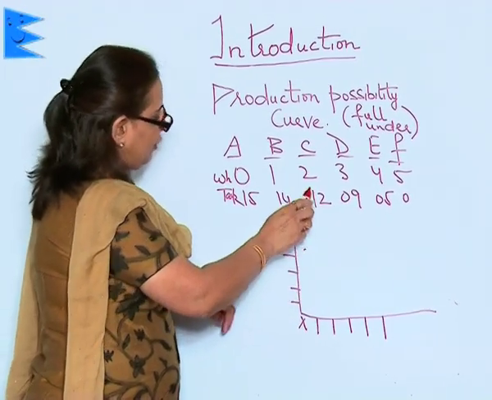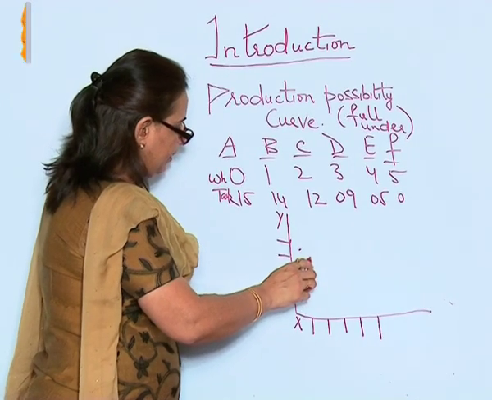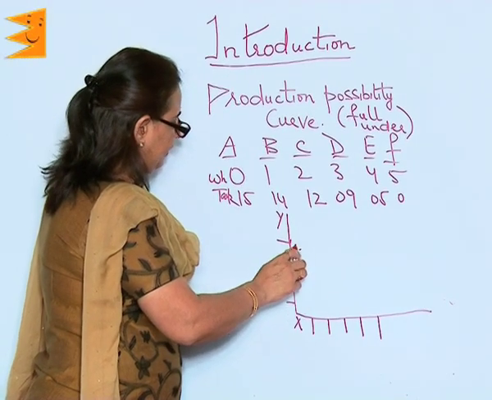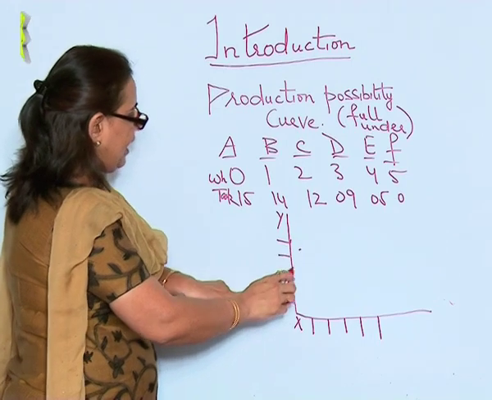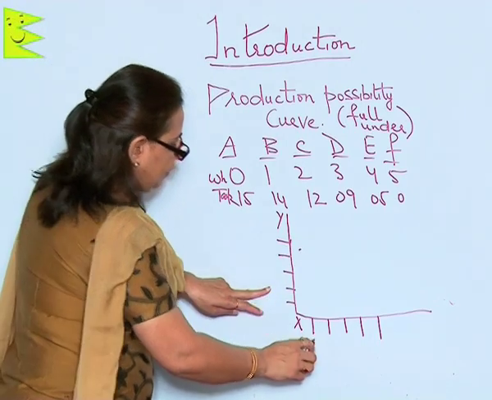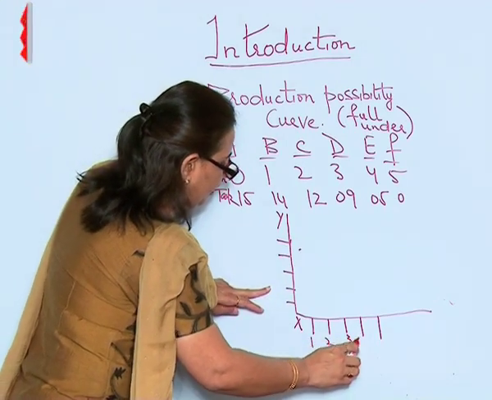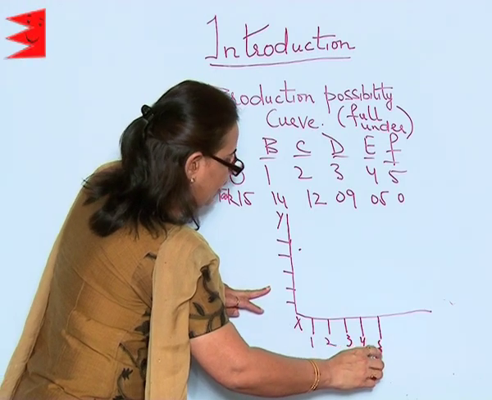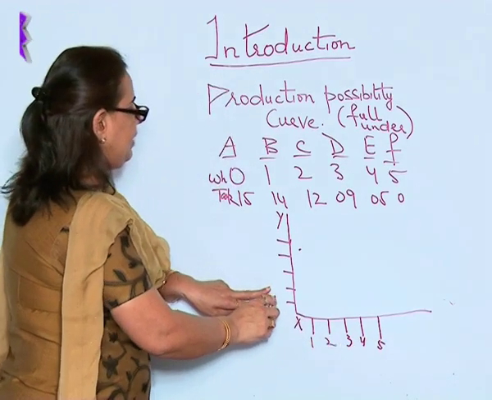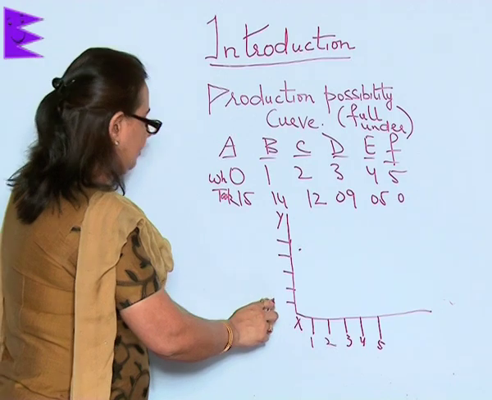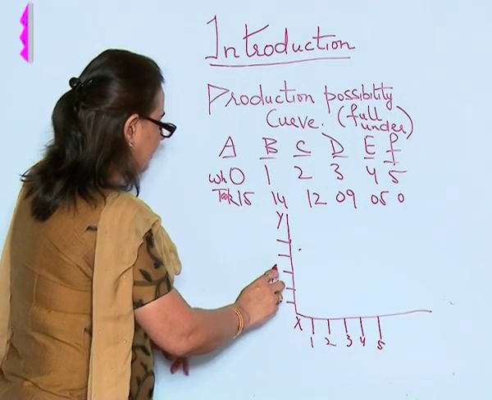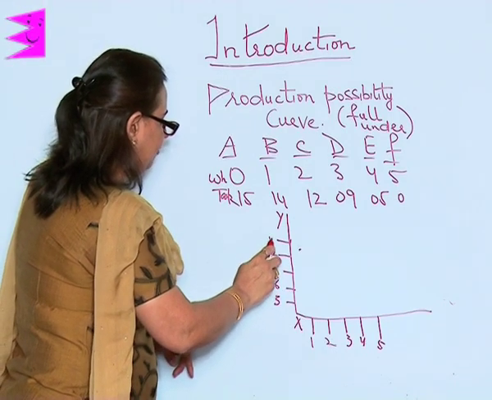Then I have 2 for 12, which means this figure here, with 1, 2, 3, 4, 5 on one axis and 3, 6, 9, 12 and 15 on the other.